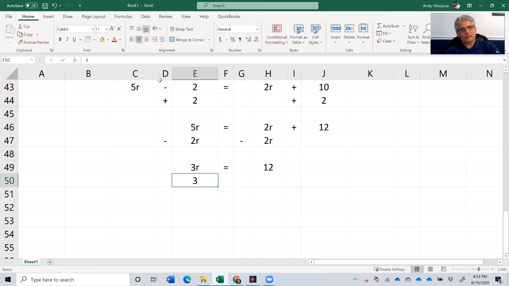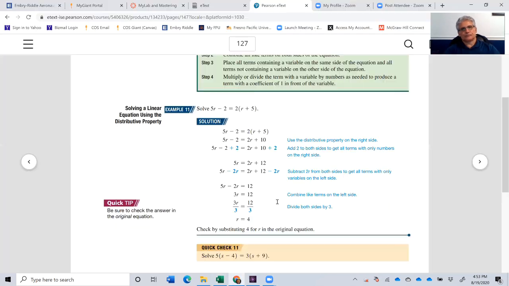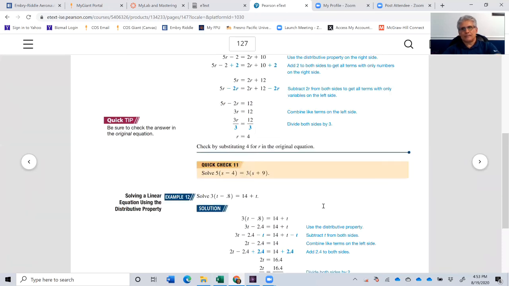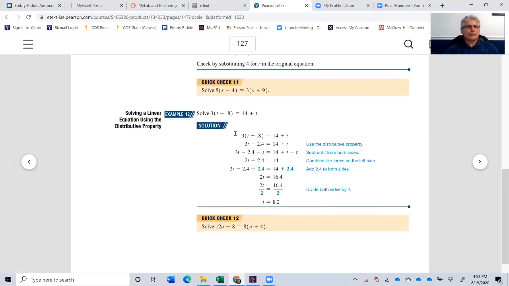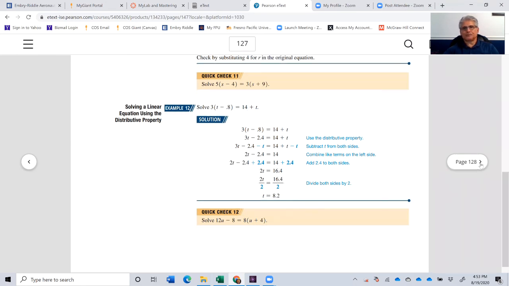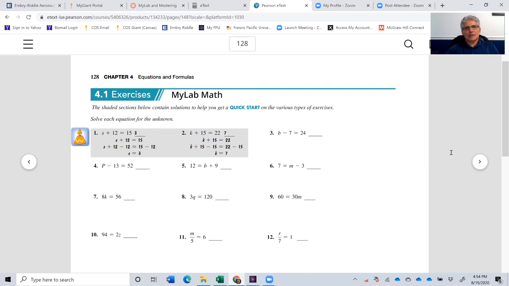I'm going to divide both sides by 3, and that will mean that r equals 4. Yep, well, you got it. Next problem, again, is pretty similar. The only tricky thing is it adds decimals, but you could use distributive property to resolve it, and I think you'll be all right. That completes exercises 4.1.